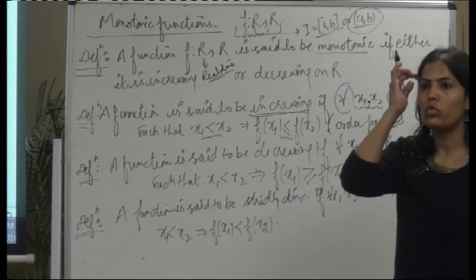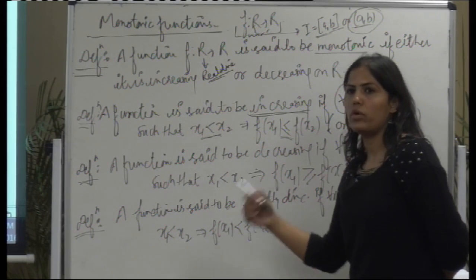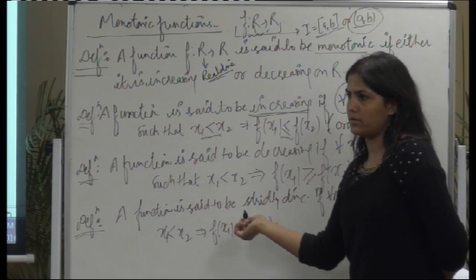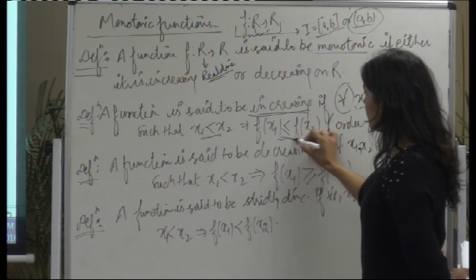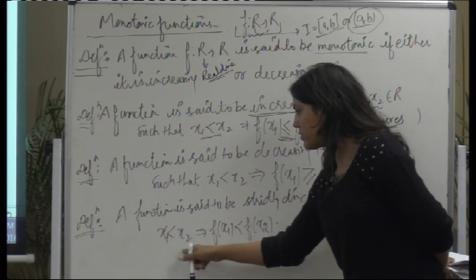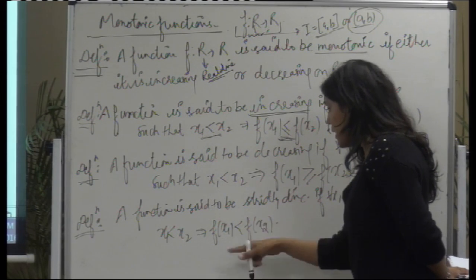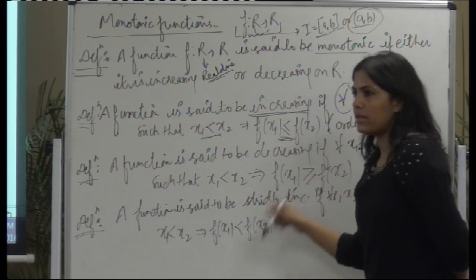For no two points will you get the same images. If you are getting the equality sign you will say it is increasing, but if for all points with x1 less than x2 you get f of x1 strictly less than f of x2, then you will say that it is strictly increasing.